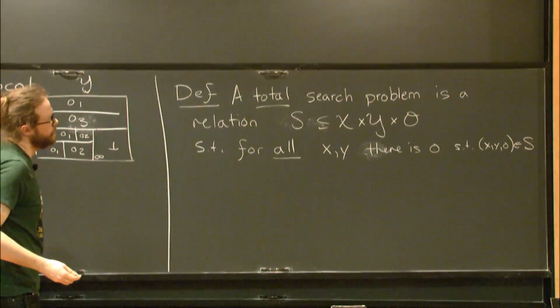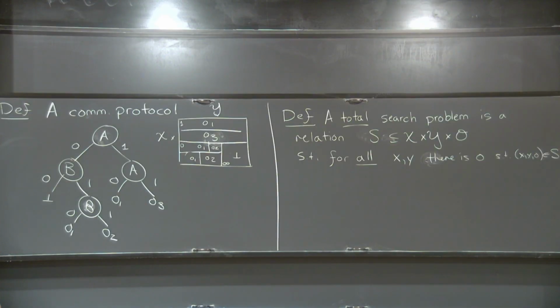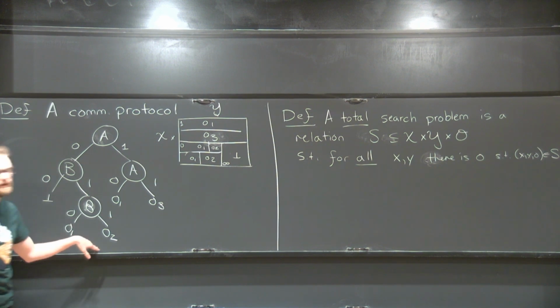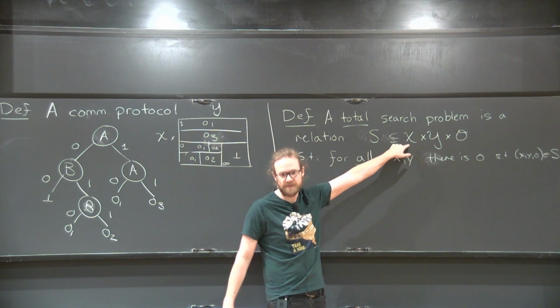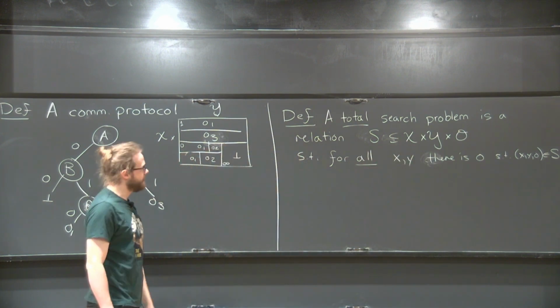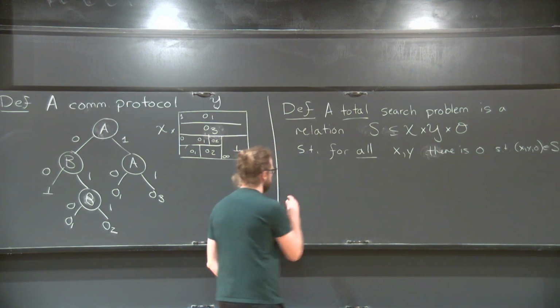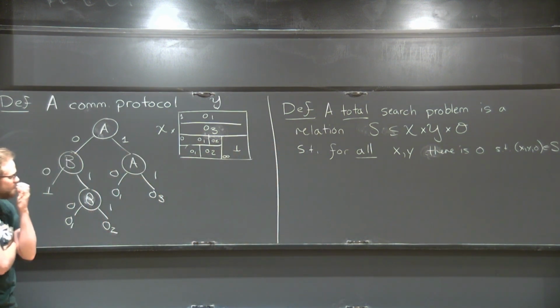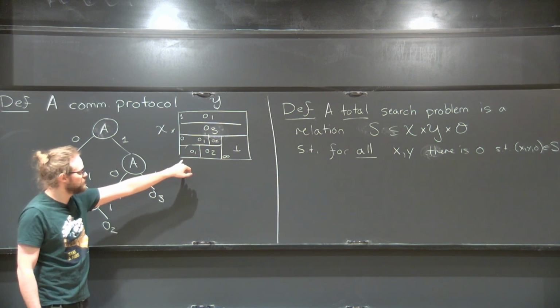Yeah, precisely, because it will be functional in this case. So a deterministic communication problem will give you a function that's consistent with this. Now, because of the way that these things are set up, and I'll say more about this in a second, it'll be useful to restrict things even further.